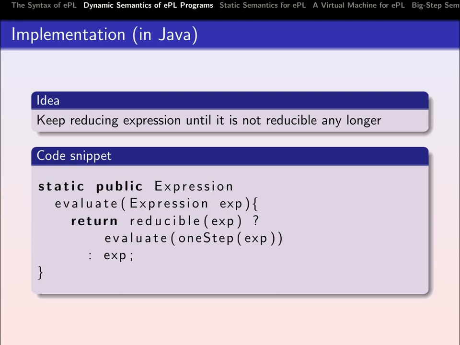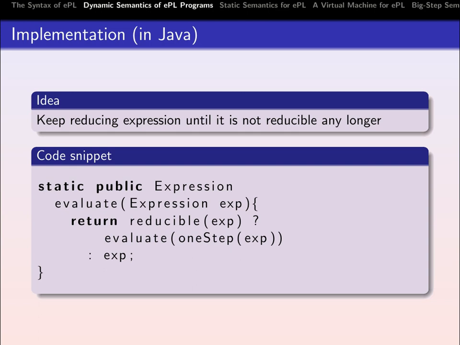So, how are we going to implement this? We're going to have a procedure which we call evaluate. So this would be the Java version, and a warning here, OCaml is not going to be much better, right?